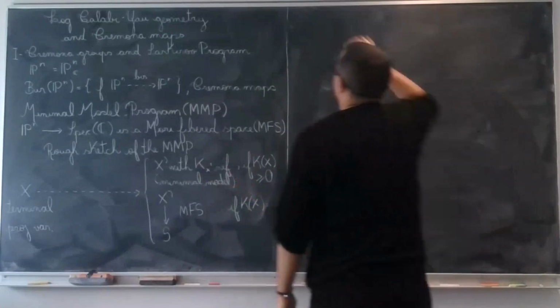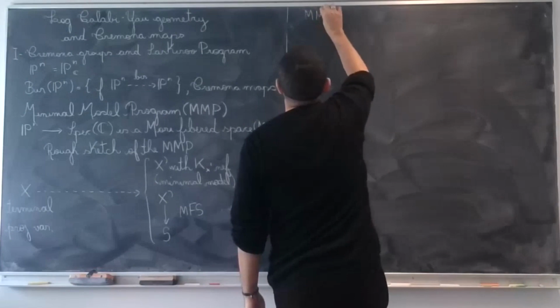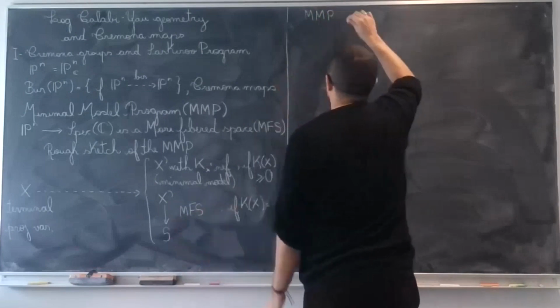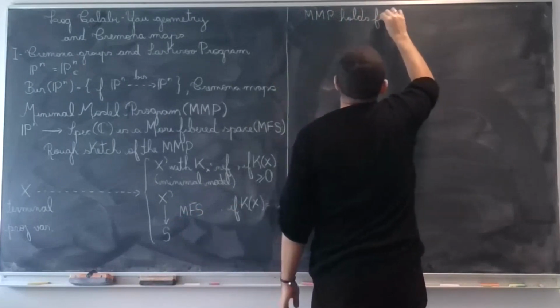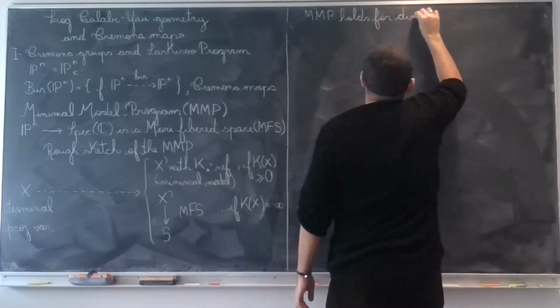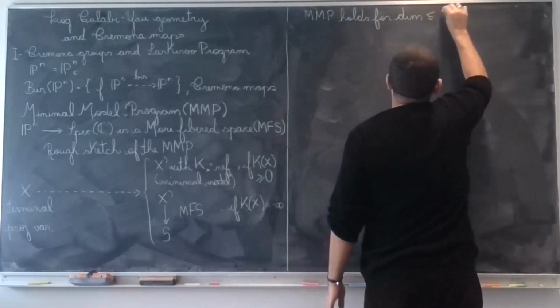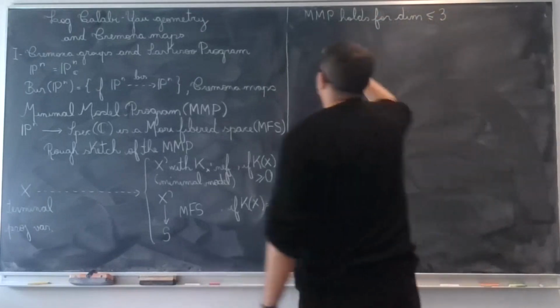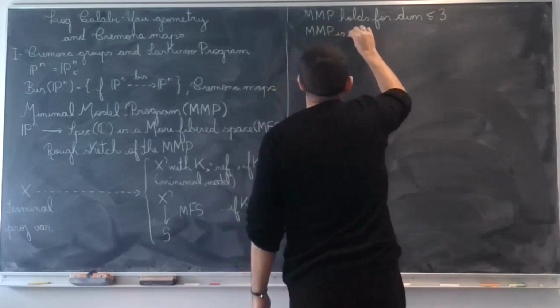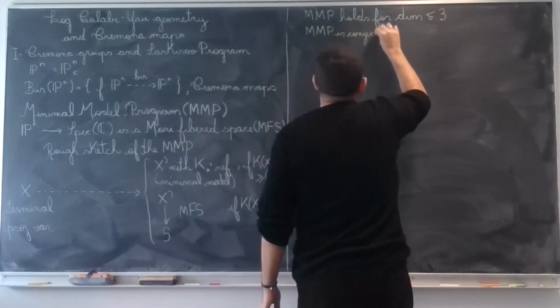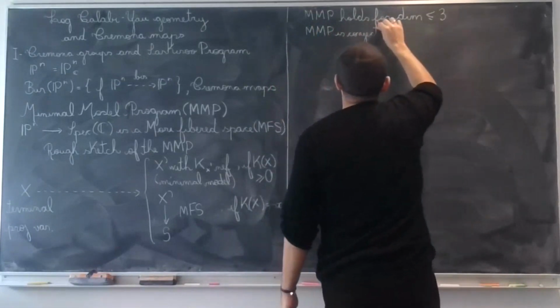It's important to note that the MMP completely holds for dimension less than or equal to 3, and the MMP is conjectural in some cases for higher dimension.